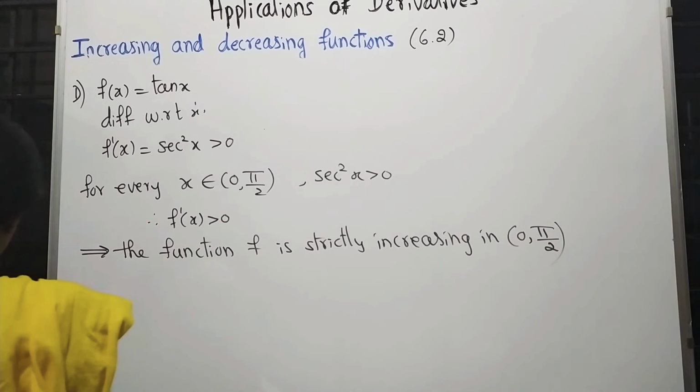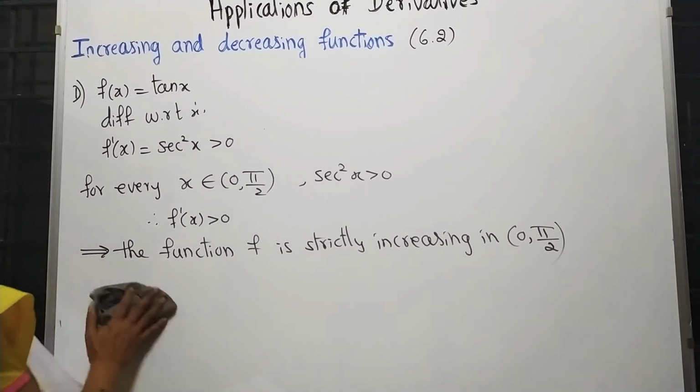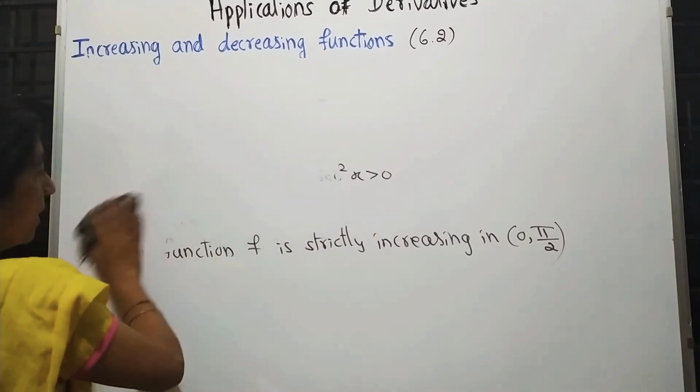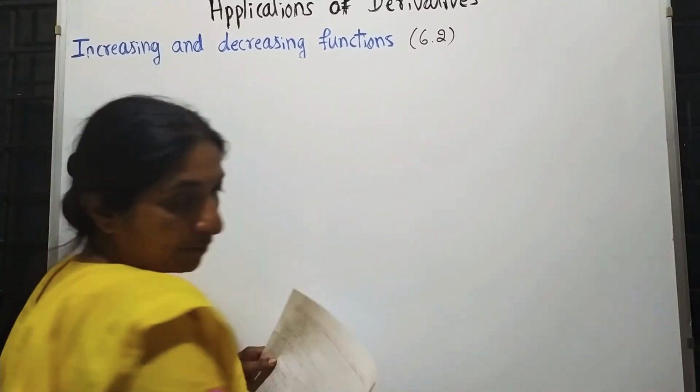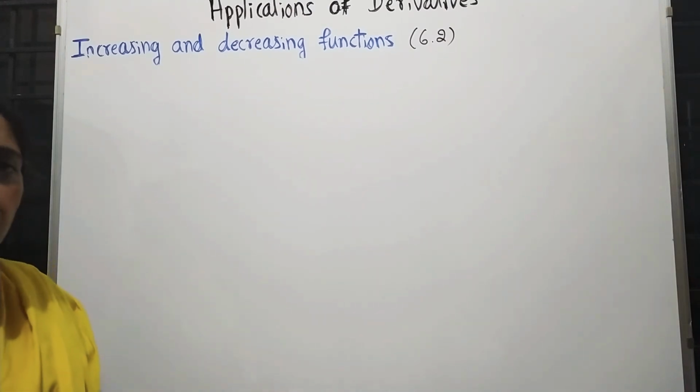Now moving to the next question, that is question number 13. Again the question number 13 is a multiple choice question. This is purely for CET.